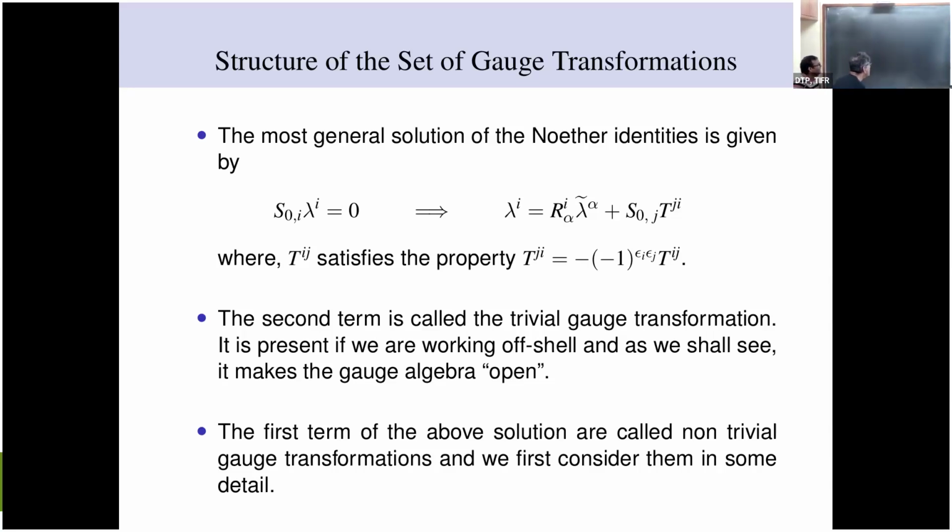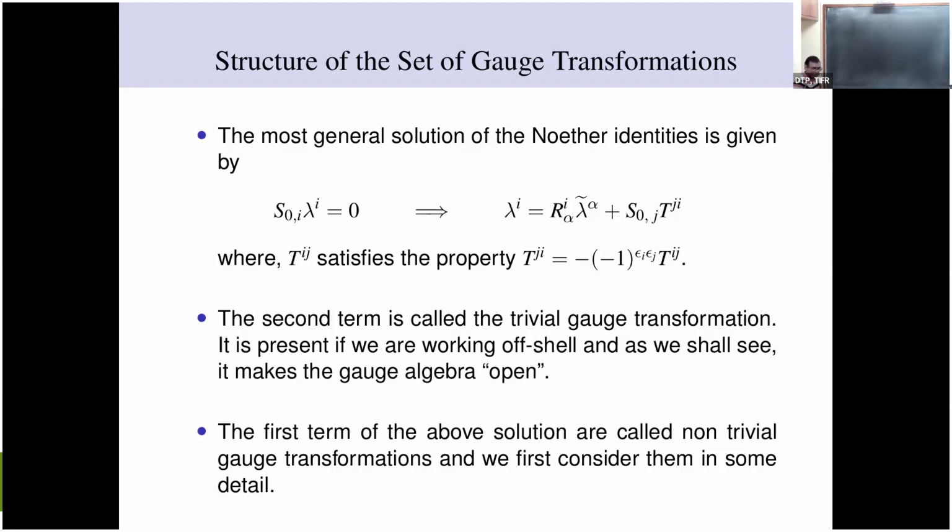It's easy to see: if you put this expression S0J TJI here, and use the property of S0I, which also has some graded anti-symmetry, then you can show that it vanishes.